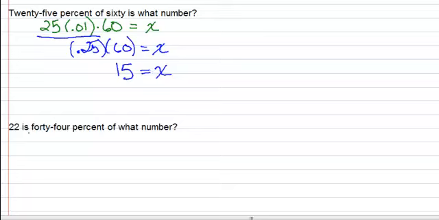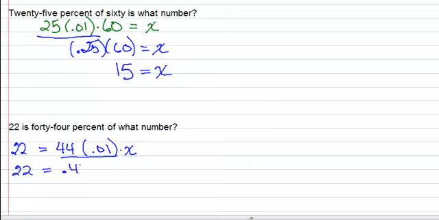Our next problem says 22 is 44% of what number? Again, we're just making translations. 22 is 44%. We're going to use 0.01 because that's what you guys normally like. Of what number? So "of" means multiply times x. I'm going to multiply these together. Now I want to divide out that coefficient that I've got here.